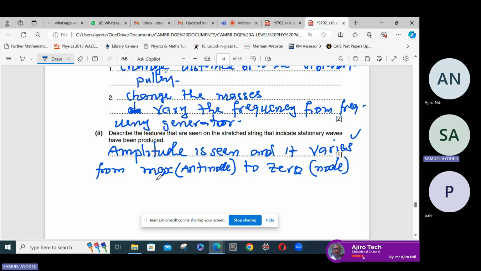You have already defined amplitude as the maximum displacement. So that's another way you have defined it: maximum amplitude, zero amplitude. Do you get it now? Yes, sir. Okay, so we put that one there.